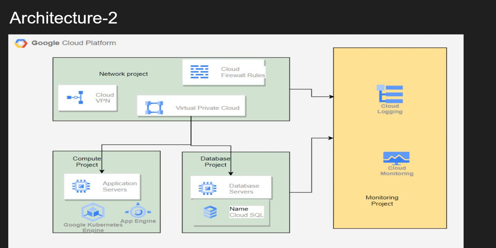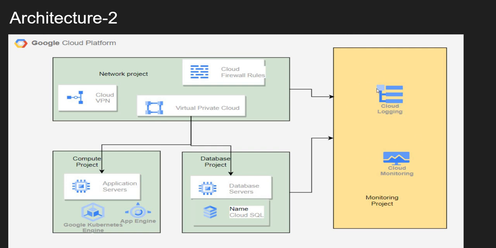Now, why is this easier for organization and the best practice? So what will happen? If I want to assign a role to the networking team, I will assign role only into this network project. For application team, I'll just assign required role into this compute project, and for database team, I will assign role only to this database project. And suppose I have any L1 team or any monitoring team, I'll assign role into this monitoring project only.